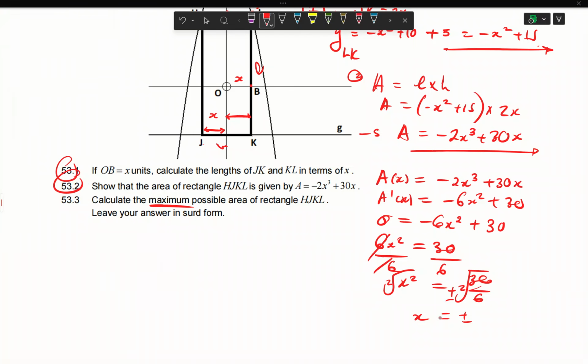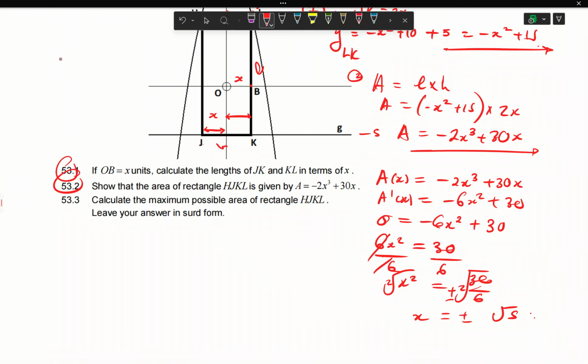This makes sense, because surd form is something like square root of a, square root of b, so it makes sense that our answer is in surd form. Let me erase this.